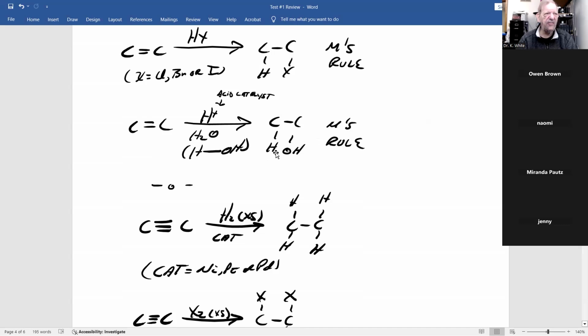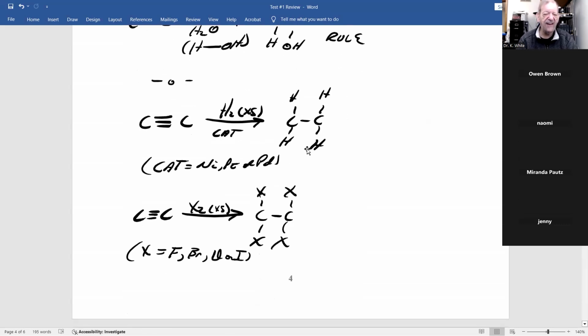The carbon with the most hydrogens in a double bond gets the hydrogen H from water. The other carbon of the double bond gets the hydroxyl group OH. And we'll learn later in the semester, this is a nice way to make alcohols. And I'll teach you what alcohols are later. We get into a lot of great stuff this semester.